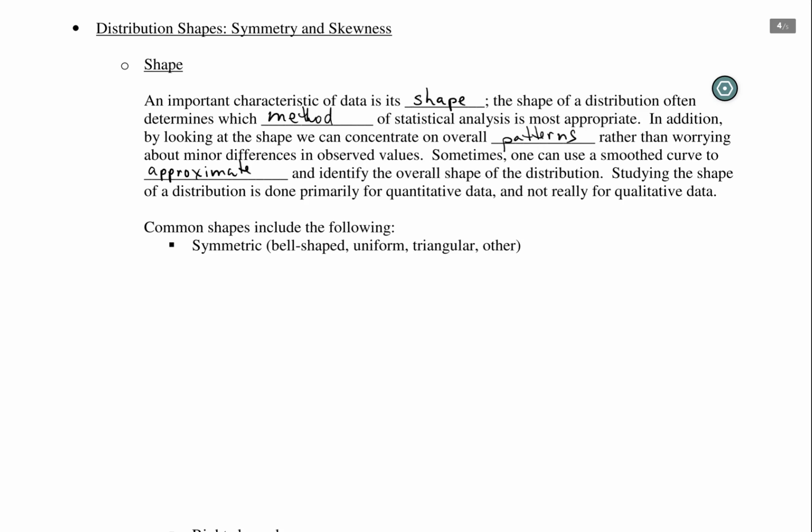And that's nice, if we know something about a shape that approximates a data set's distribution, then we can maybe use that approximate shape to lead us to the appropriate statistical methods. Again, we do this mostly for quantitative data.